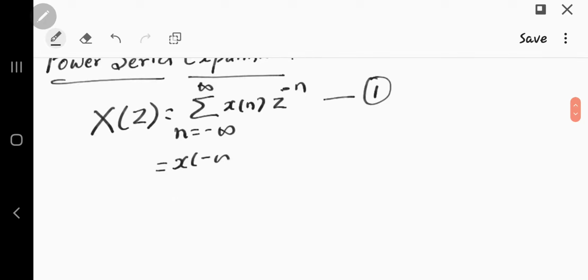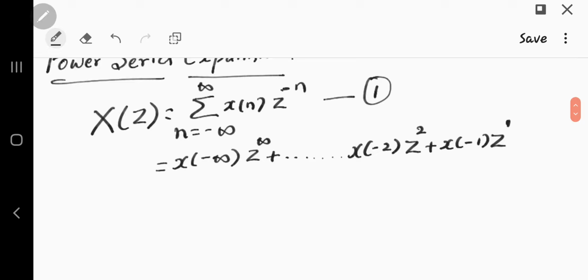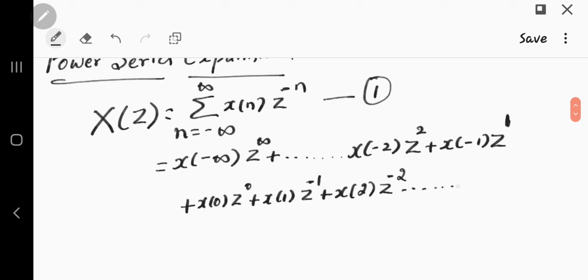I'll start with x of minus infinity z to the power of infinity plus, and I'll go all the way to x of minus 2 z to the power of 2 plus x of minus 1 z to the power of 1, and continuing this, plus x of 0 z to the power of 0 plus x of 1 z to the power of minus 1 plus x of 2 z to the power of minus 2, and it will go all the way to x of infinity z to the power of minus infinity. Let's give this expression the name equation 2.